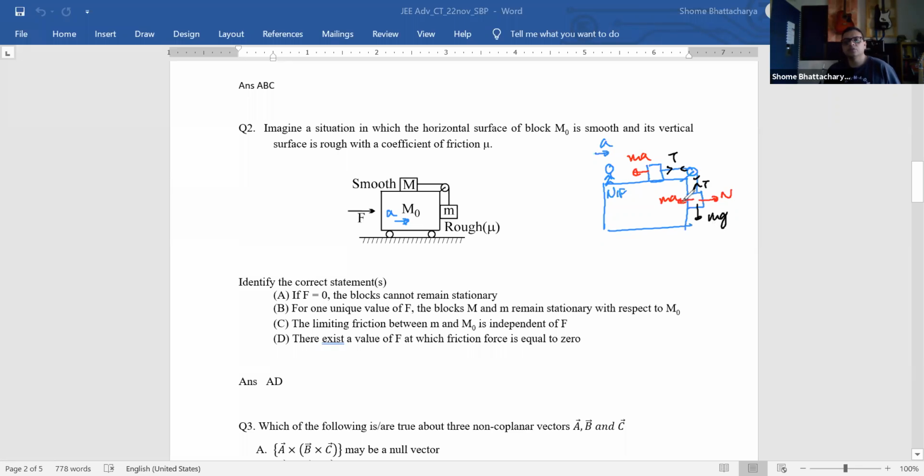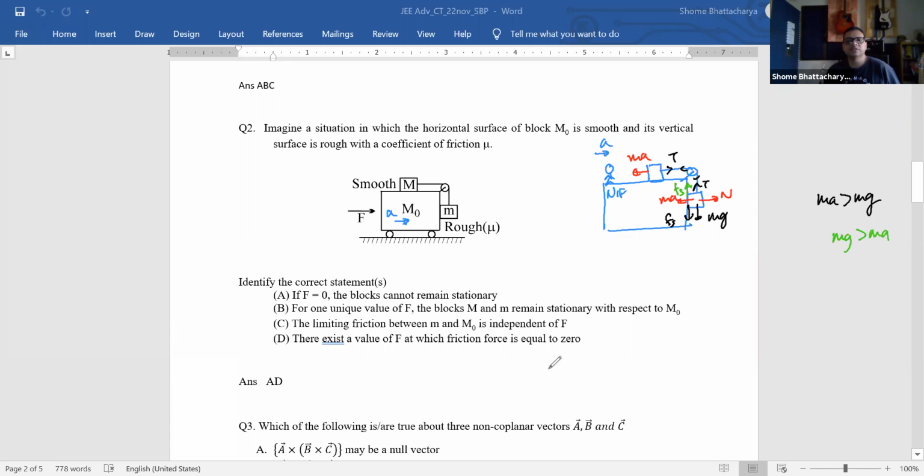Okay, it could be that MA is greater than MG, so this has a tendency of slipping upwards, in which case friction will be acting downwards on this. Okay, it could also be that Mg is greater than Ma, so the tendency of slipping is downwards.